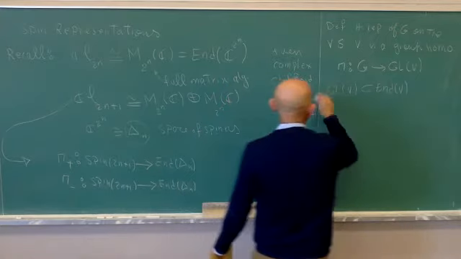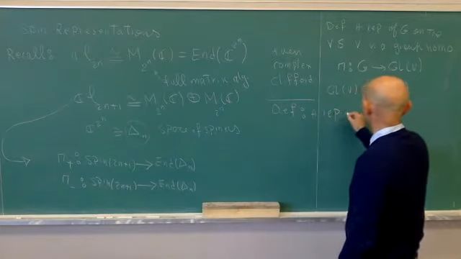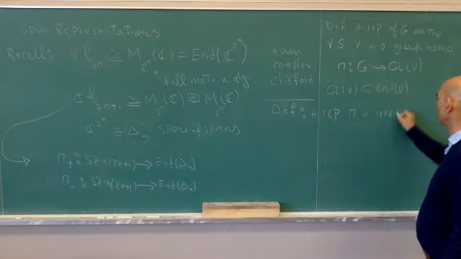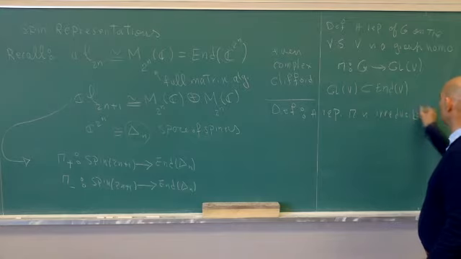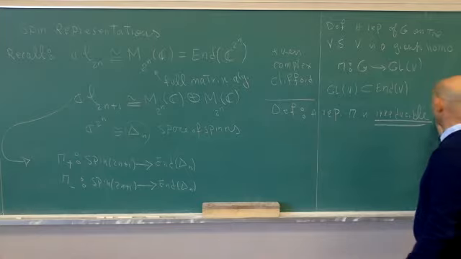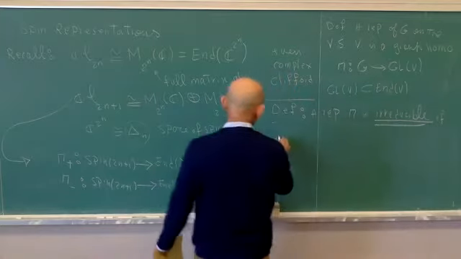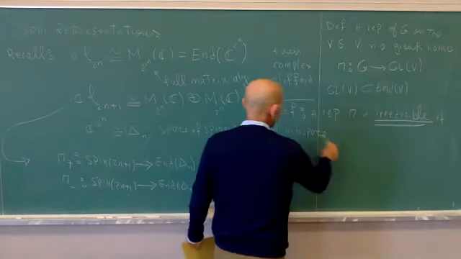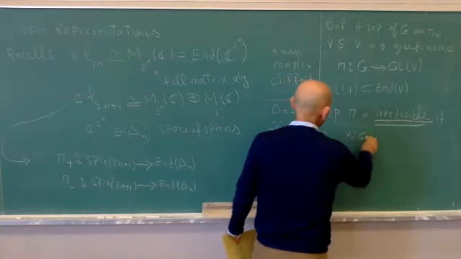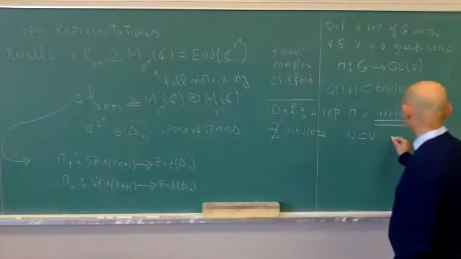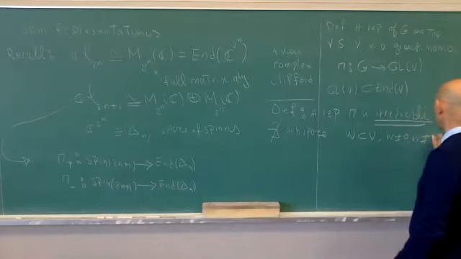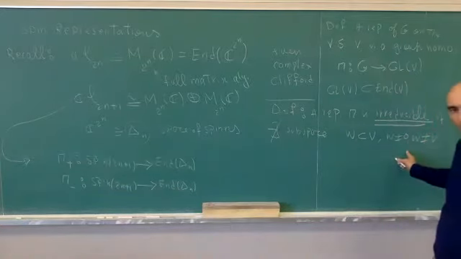A representation pi is called irreducible if there exists no subspace W inside V, W different from 0, W different from V. These are called proper subspaces.